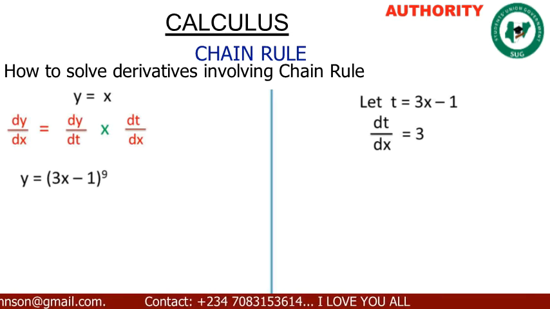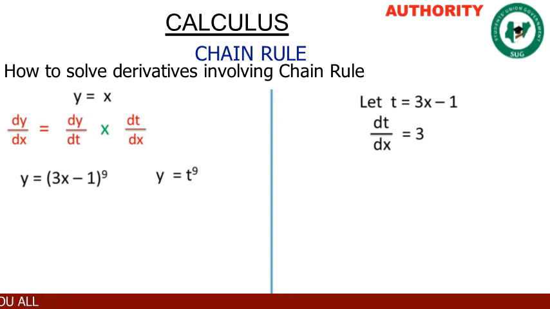And then we said let 3x minus 1 be called t. That means in our new function, we are having y is equal to t raised to power 9, because t is equal to 3x minus 1.